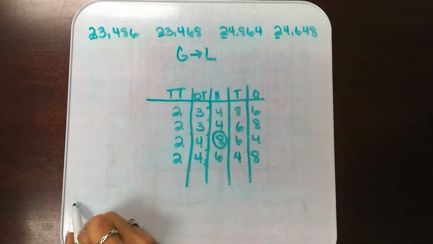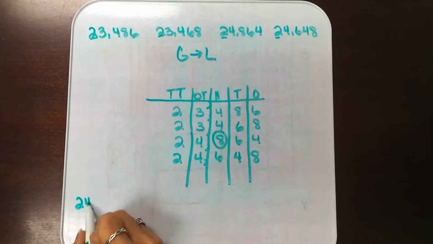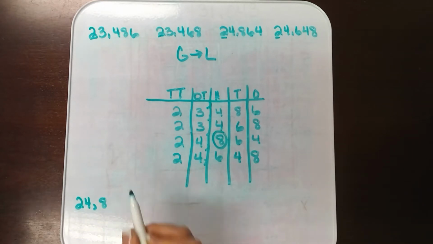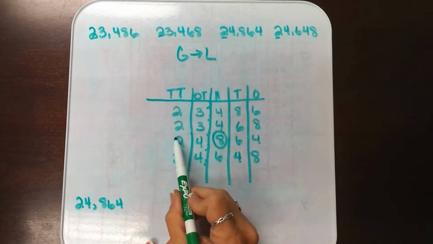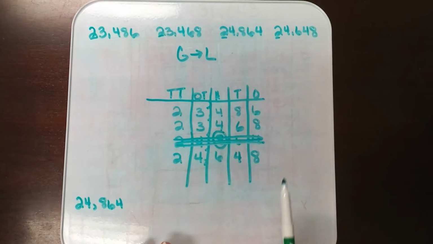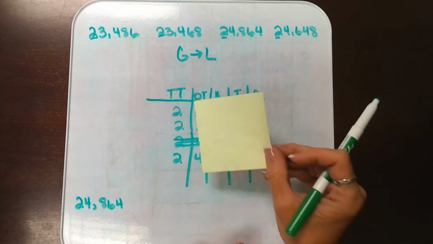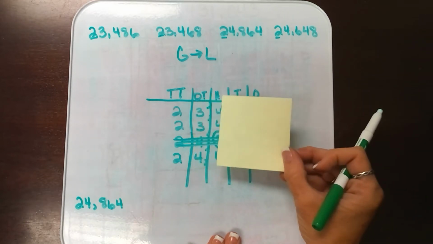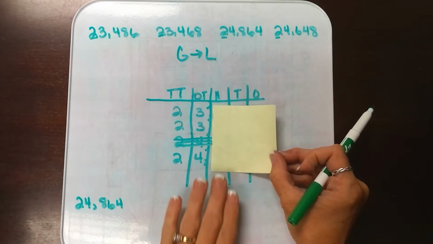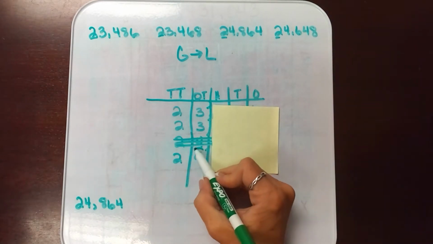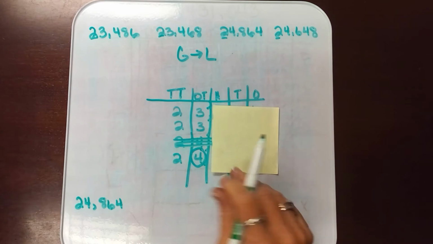So when they pulled their sticky note away, they knew what number to write first. So 24,864. And then I have them cross it out because they don't need to use it anymore. It's the largest number. Then we use our sticky note trick again. And we continue to move down, and now I can see here the 4 is larger than the 3s.